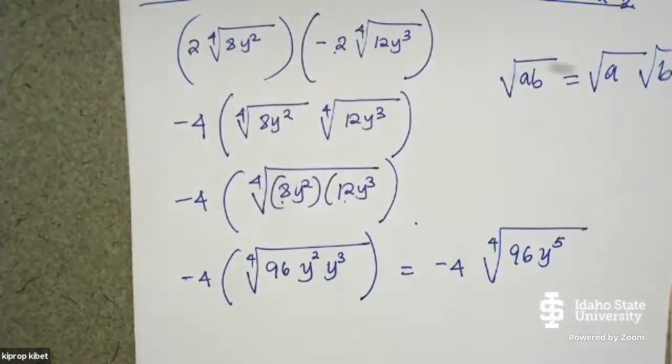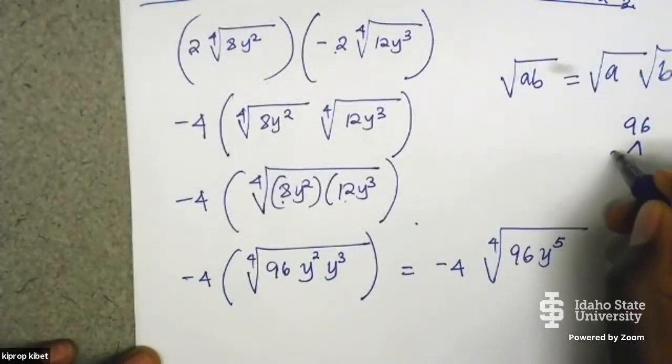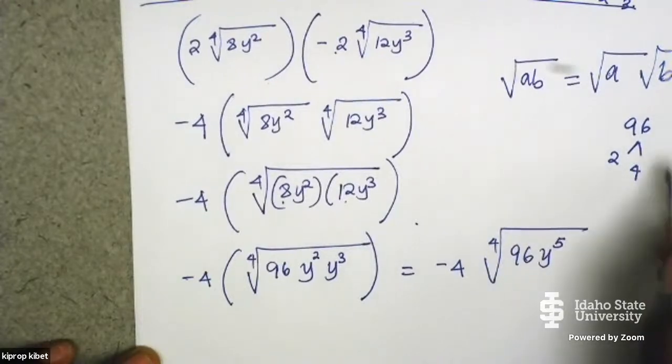Is this simplified completely? No. We can still simplify the radical. We can still get the factors of this, which can be divided by the 4, and also the factors of y raised to 5. So what are the factors of 96? 96, we have 2 for 48.